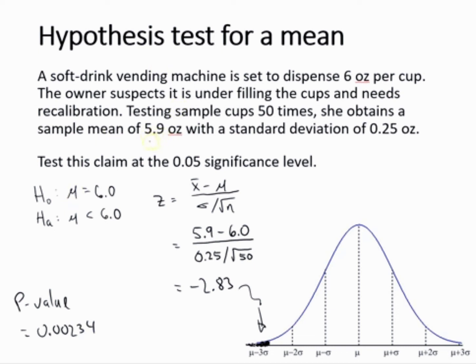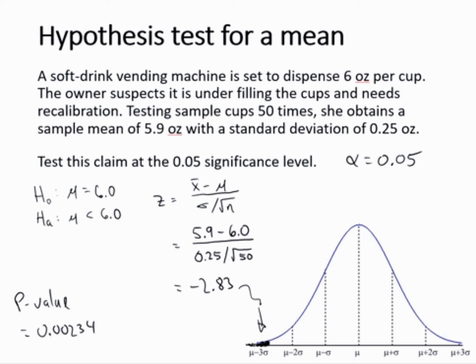And what that p-value tells us is the probability that we would get a sample mean as extreme or more extreme than this value of 5.9 if the true mean was really 6. There's only a 0.00234 probability that we would get a sample mean of 5.9 from a sample of 50 cups if the true mean was actually 6. Because we're testing at the 0.05 significance level, that's our alpha equals 0.05, we conclude the test by comparing the p-value to alpha.